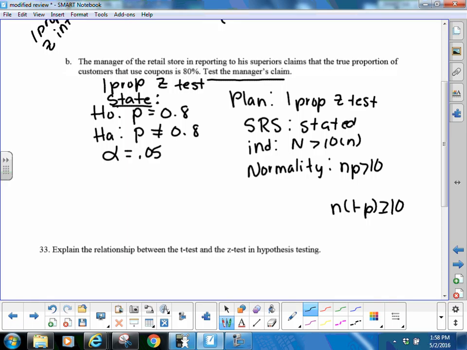I don't really care about the equality sign. Our n was 800, and our probability was that. So that's greater than 10, because it was like 616, and then 800 times 0.33 is also greater. So all the conditions are met. Very good.